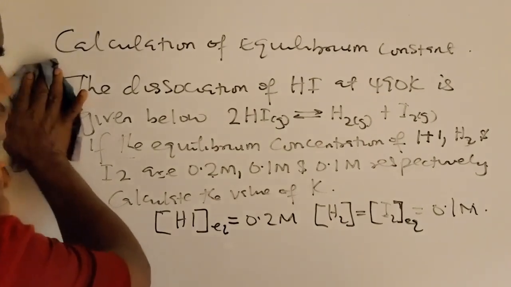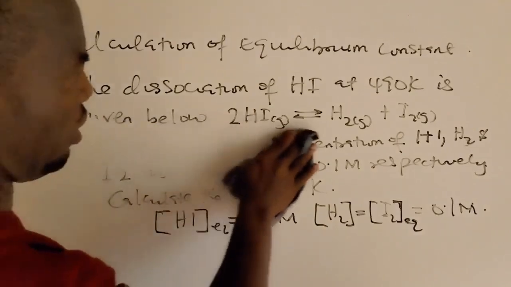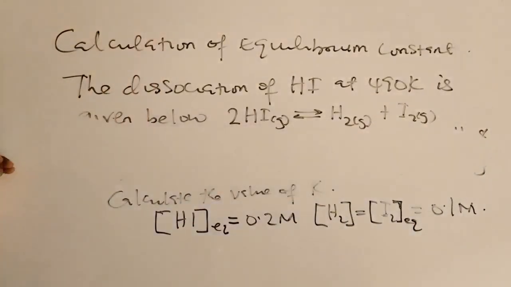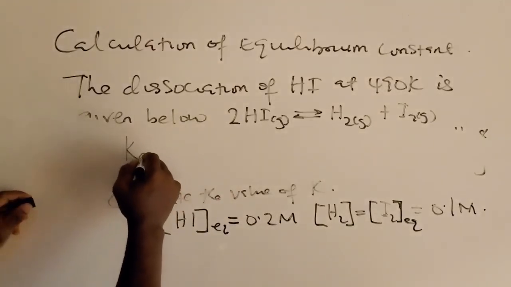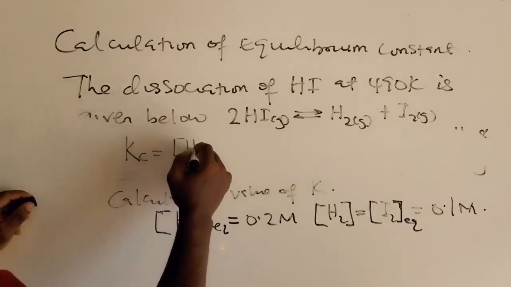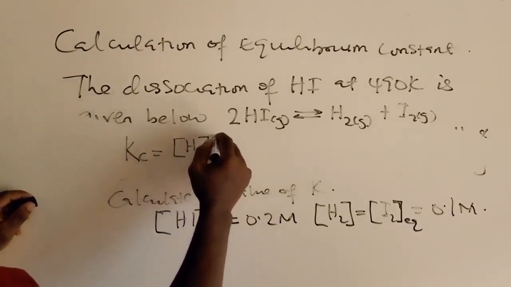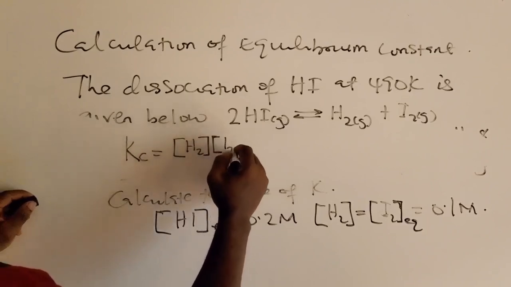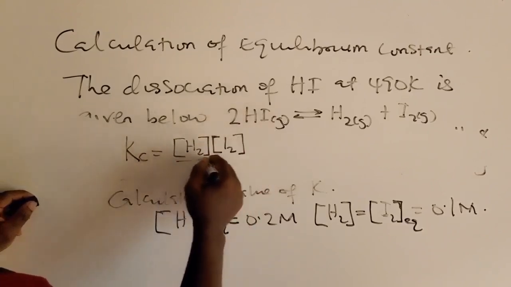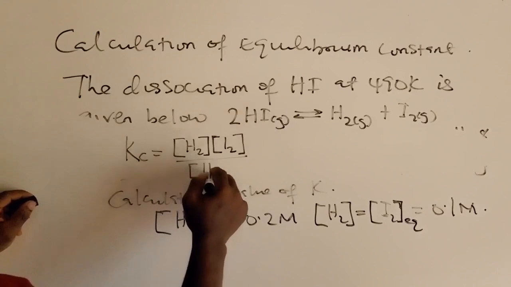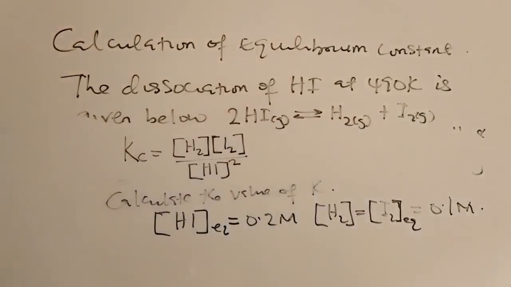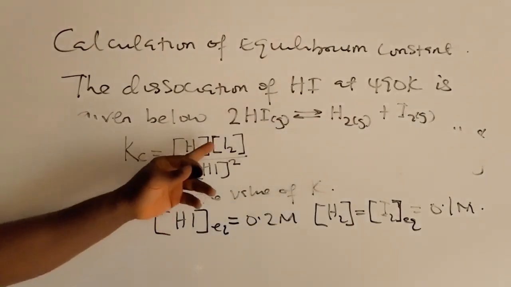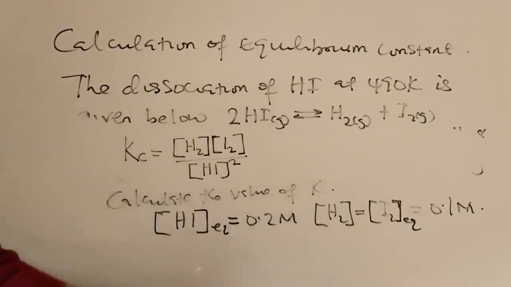To solve this, all we have to do is write the equilibrium constant expression for this reaction, Kc. That becomes the concentration of the products raised to the number of moles, divided by that of the reactant, hydrogen iodide in this case, raised to the number of moles, which is 2. These ones are 1 each. Now these are the concentrations at equilibrium, which are given to you already, so we make a substitution.